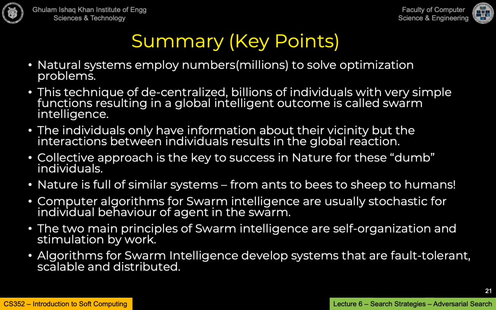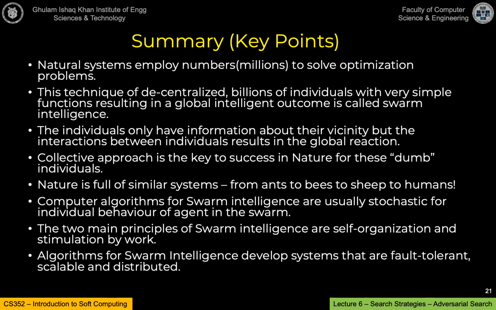But the goal that these so-called dumb organisms achieve by working together is amazing. What you need to understand is that the power of working collectively for a goal is much more than if you work alone, and that is the exact principle deployed in swarm intelligence.